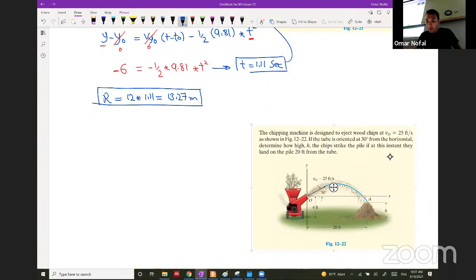If the tube is oriented at 30 degrees from the horizontal, determine the height h of the stack, and determine how high h the chips can strike the pile if at an instant they land on the pile at 20 feet distance. So it gives you the final x.